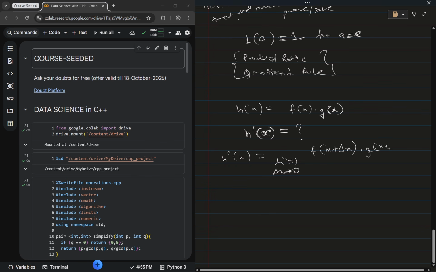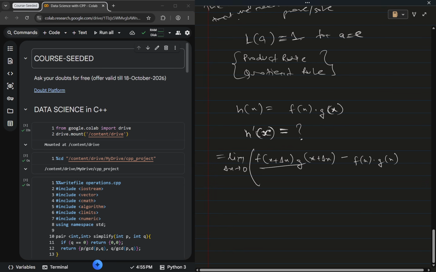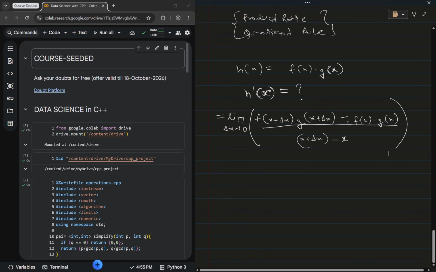So you have this f(x plus delta x) times g(x plus delta x) minus f(x) times g(x), and obviously you have to remember that this will be your limit delta x tending to 0, divided by your x plus delta x minus x. So you can basically have your things over here.